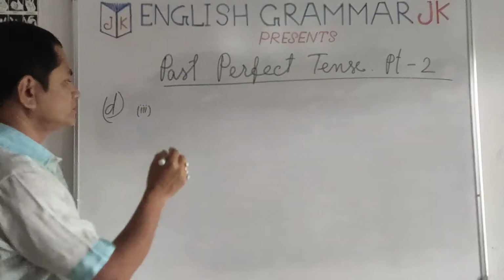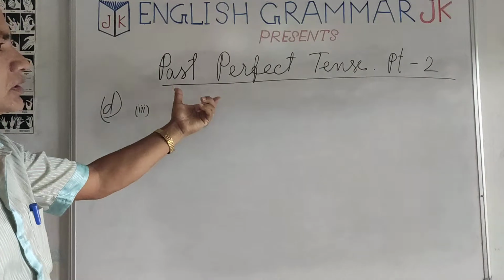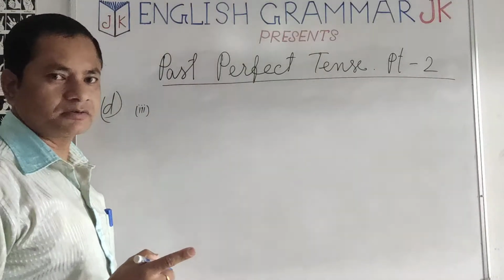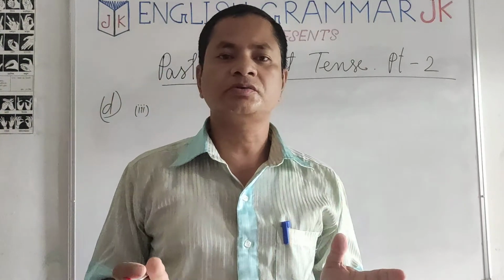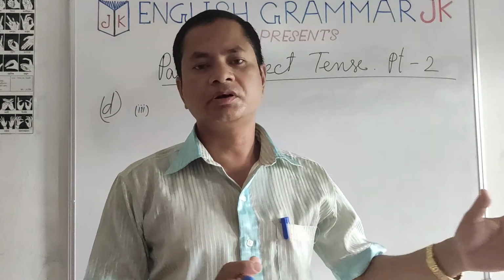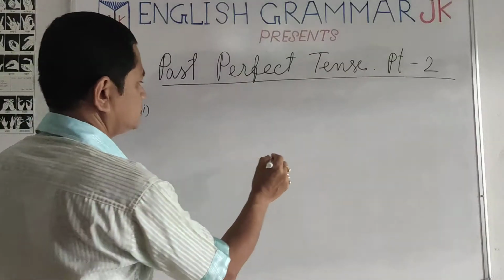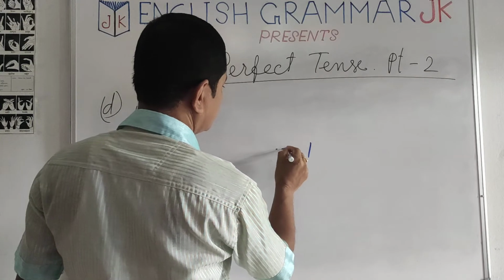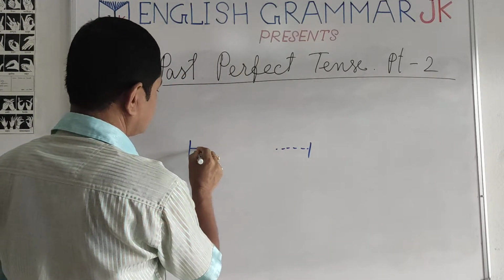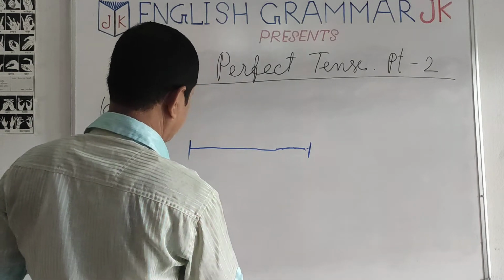Point number 3. We have been discussing past perfect tense. This is part 2, and we have been discussing the point, friends, that an action which started before in the past, okay, and suppose this is the time of speaking, and the action started here, and from that to that, the whole time is past.